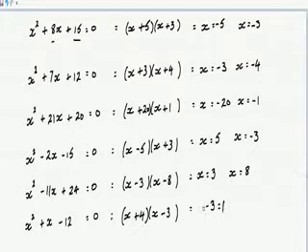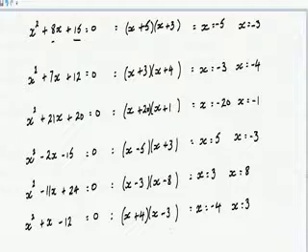So again, finally, just to prove that we can do this, x equals was plus 4 becomes minus 4, and x equals was minus 3 becomes plus 3. Bish bash bosh, job done.